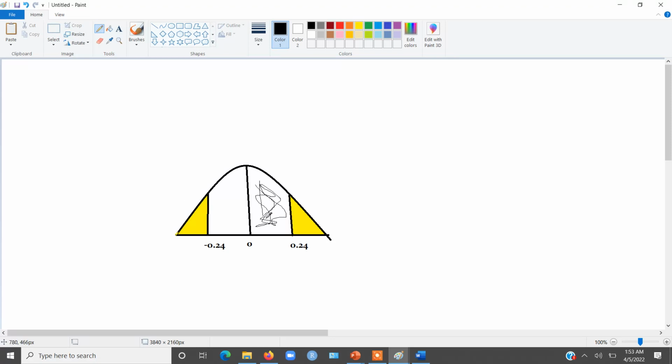I repeat, if I read the table for plus 0.24, I'll get this area. Then I'll subtract it from 0.5 because half of the bell shape is 0.5. That answer will be this area, which is equal to this area.